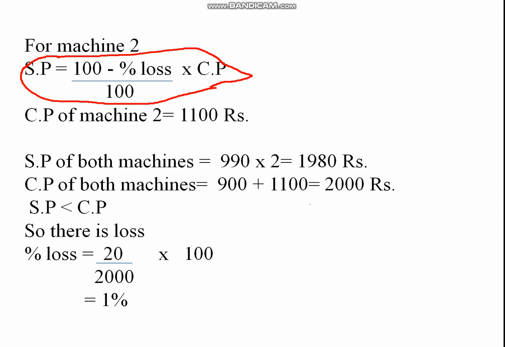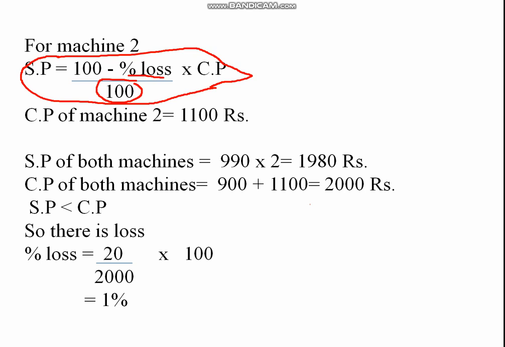SP of machine 2 is known. SP of machine 2 is 990 rupees, equal to 100 minus percentage loss, which is 10, upon 100 into CP. Again this 100 is divided on the right hand side, so to the left it will multiply.